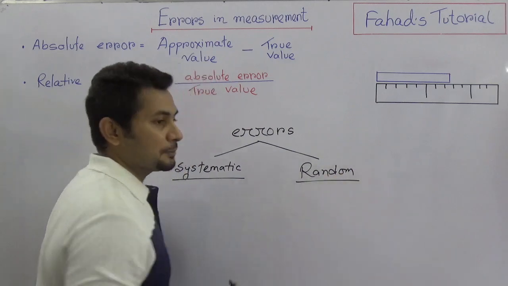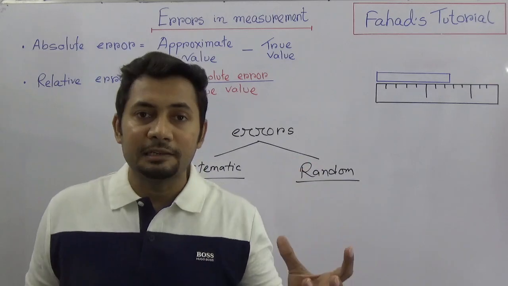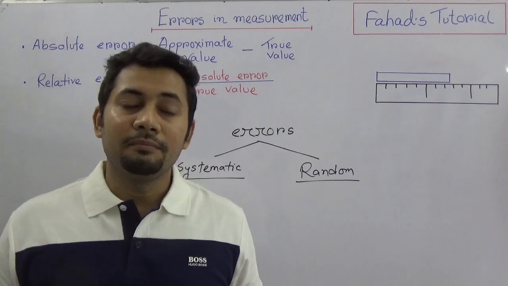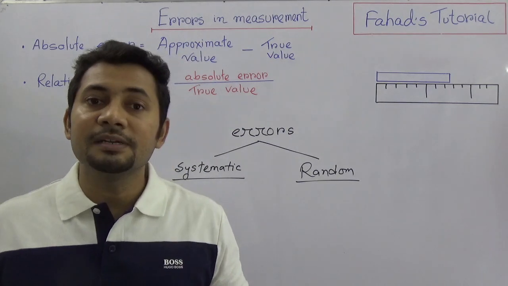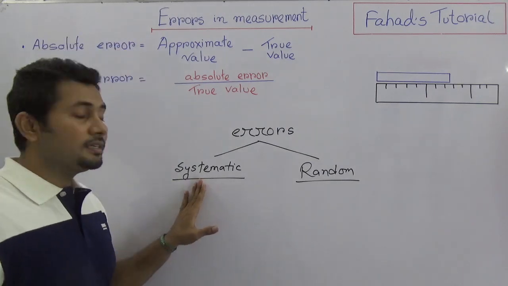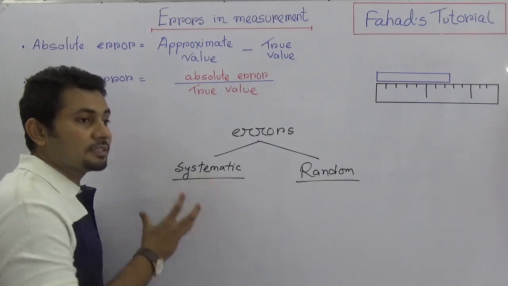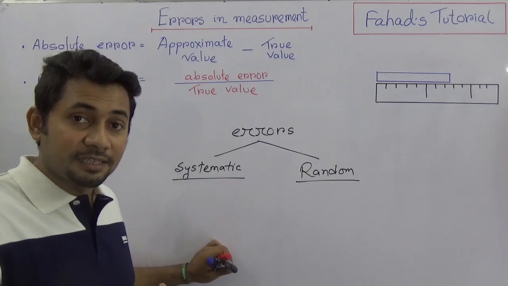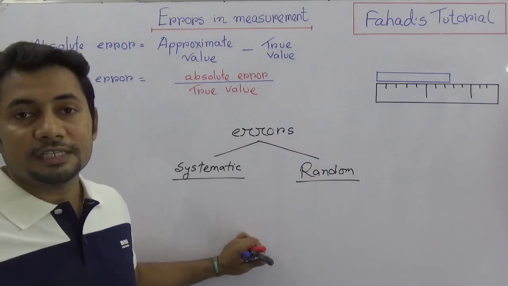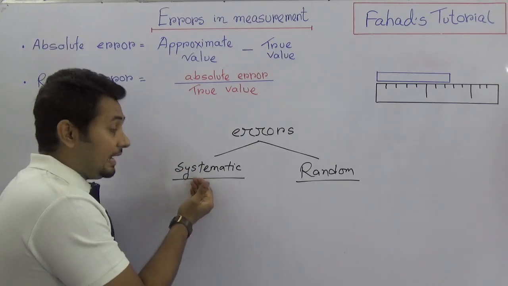Now, when students of physics study slide calipers, screw gauge and measuring things using these machines, there are some possibilities of mistakes, and these mistakes are called errors. So usually errors are systematic errors and random errors. What about systematic error? Any error that happens systematically is a systematic error, but a random error is not correctable and not removable. This is correctable and removable.